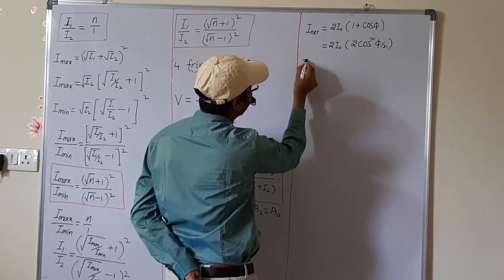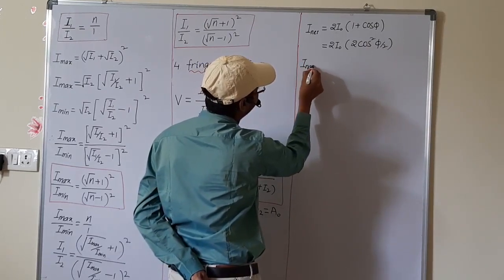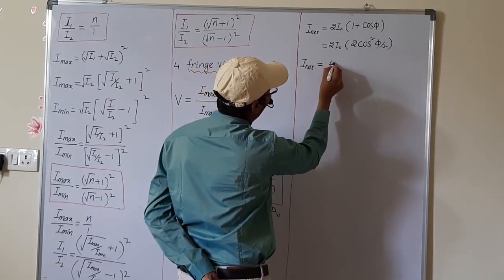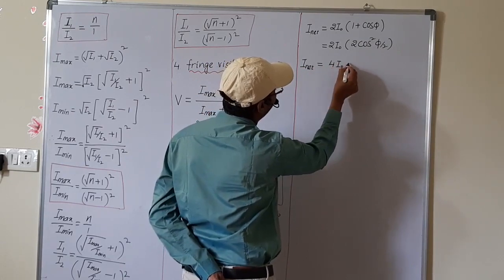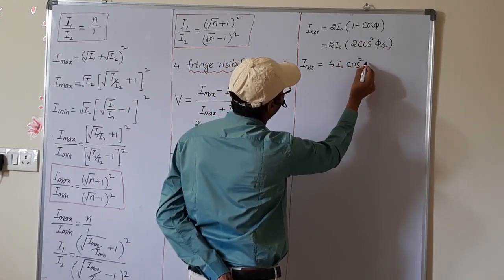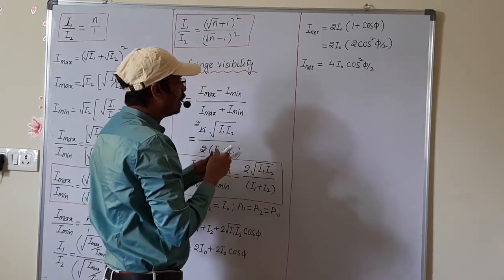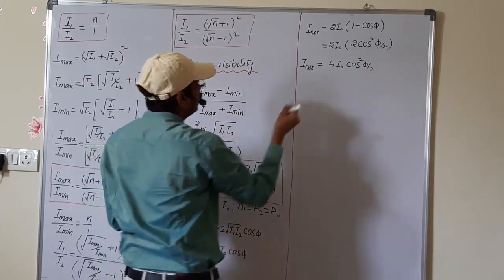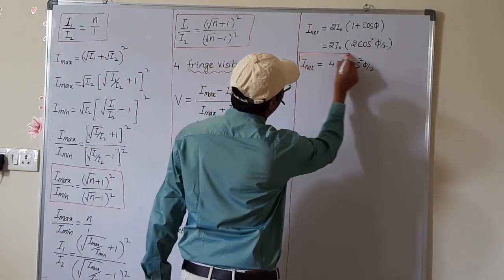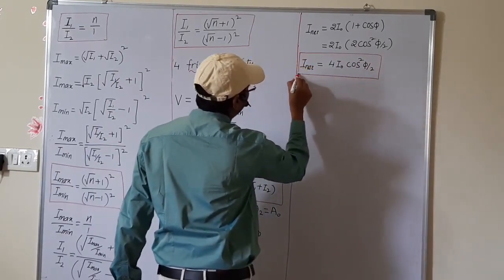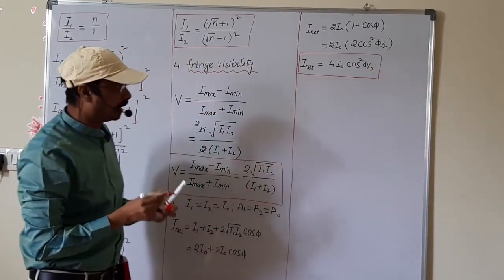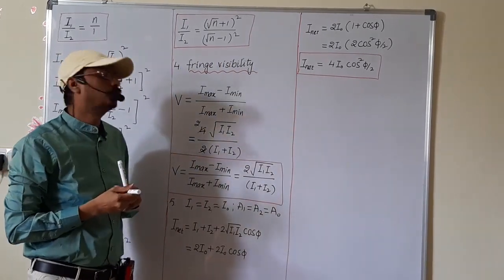Then the I net value we can write as 4 I0 cos square phi by 2. This is I net whenever the two intensities are equal.